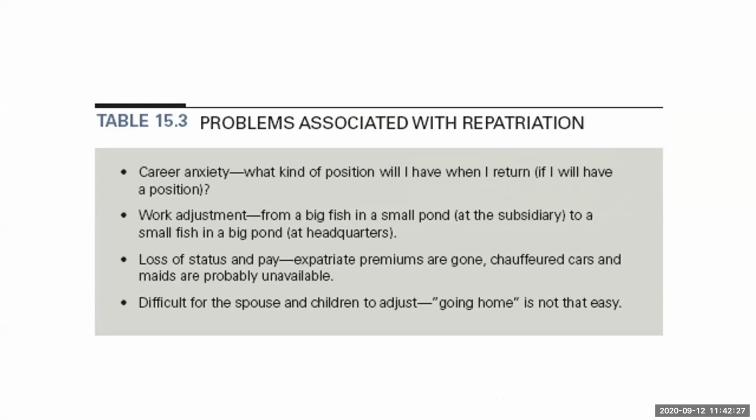You might actually enter an organization in your headquarters which is much bigger. In your subsidiary, you're a big person, but in the headquarters you don't have much control, right?